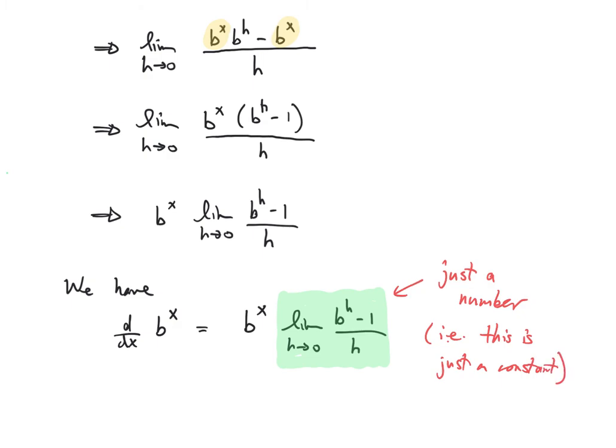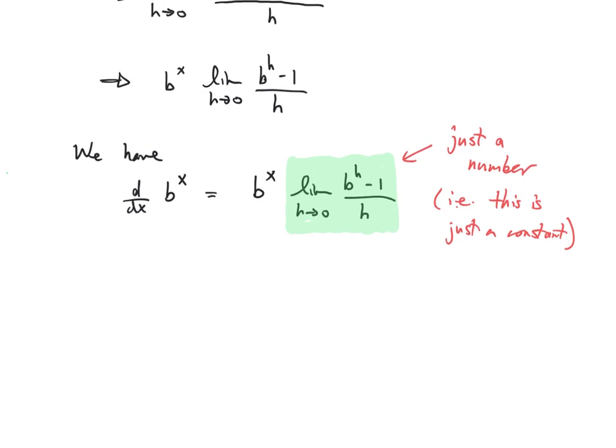So when we look at our derivative, the derivative of an exponential function with base b is basically the same function itself times a constant.